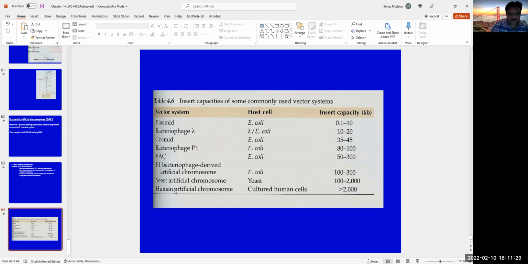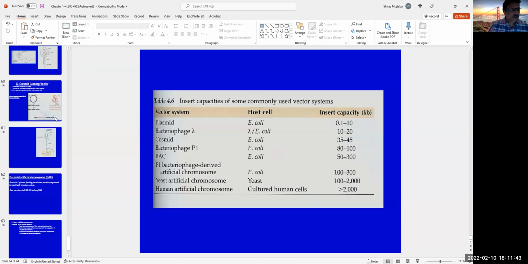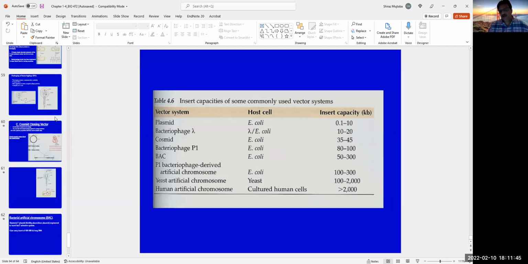Then yeast artificial chromosome, they can carry 100,000 to, I believe, 2 million nucleotides of DNA. So vectors are the tools that can carry foreign DNA, and they can carry a foreign gene to express proteins that can be used for commercial purposes to treat diseases, and so on.